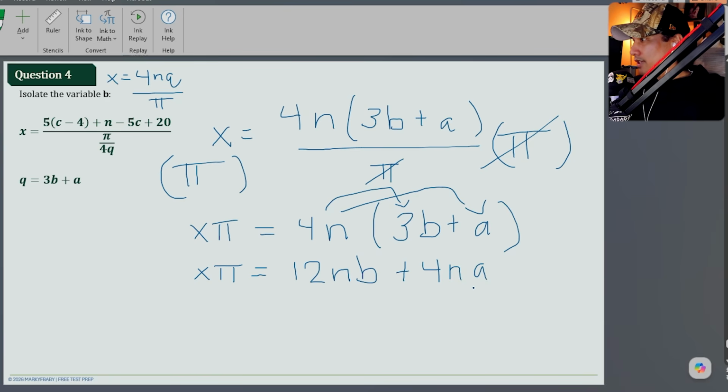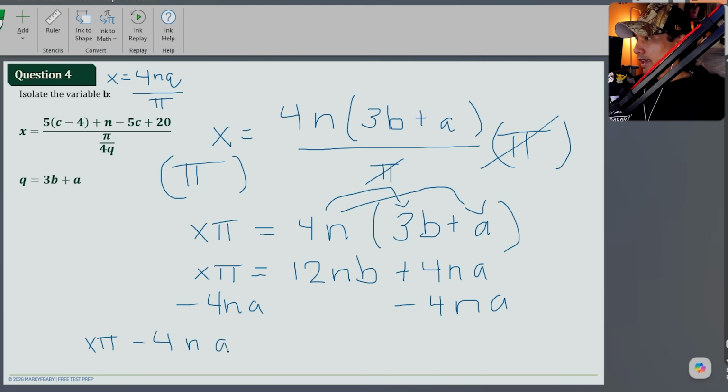Okay? So what I am going to do next is I'm going to minus this 4na minus 4na, giving me x pi minus 4na equals 12 nb.